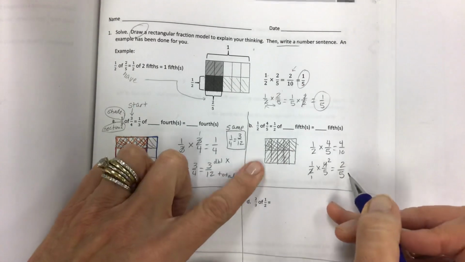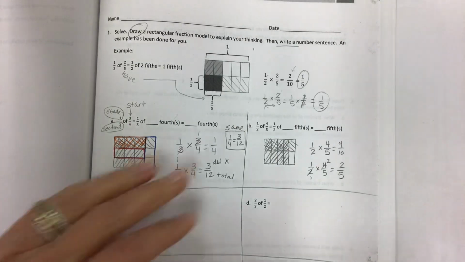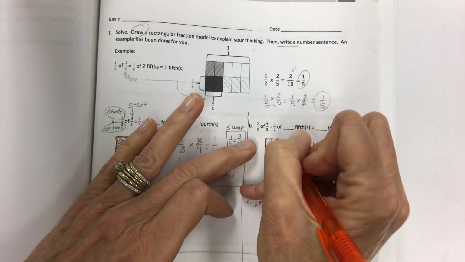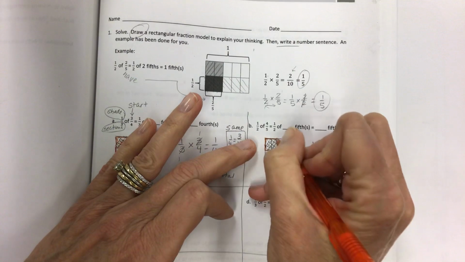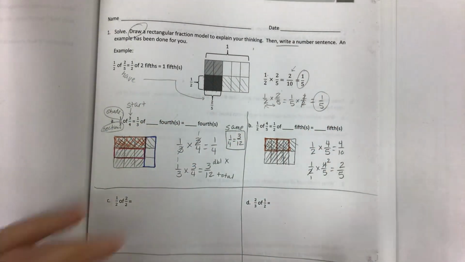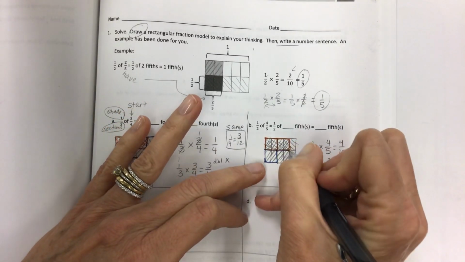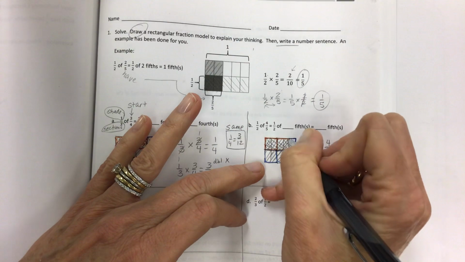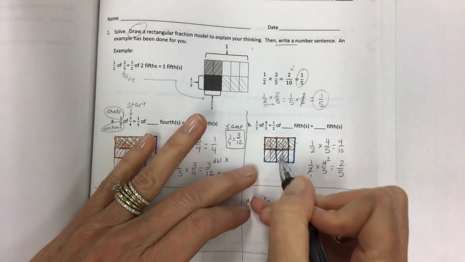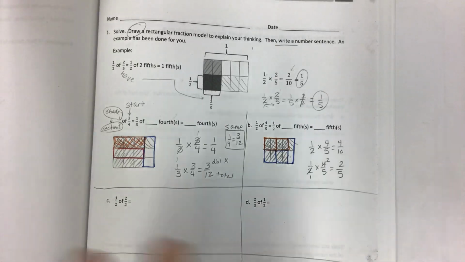And again, if this makes 2 out of 5, and here's 1, here's another set of 2, and here's another set of 2. They don't have to be the same shape to still be 2 pieces. Okay, so that's kind of what all that's about.